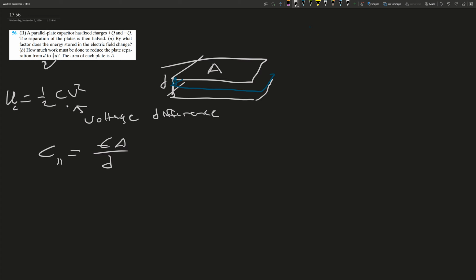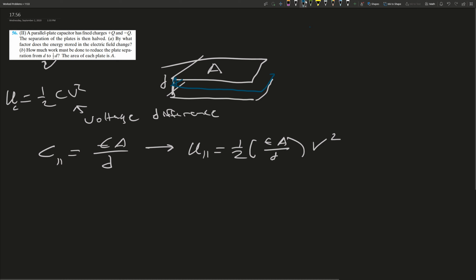If we plug this into our energy expression, the energy stored on a parallel plate capacitor is 1/2 epsilon A over D V squared.